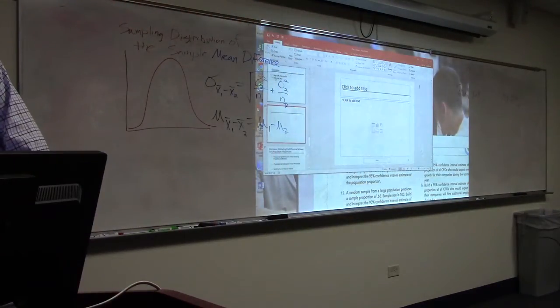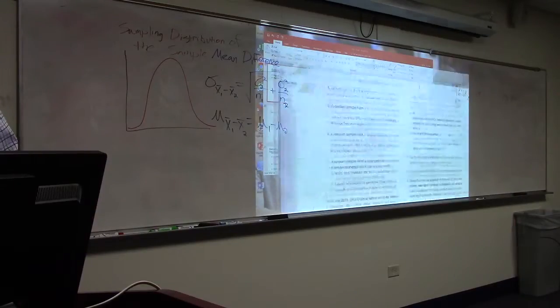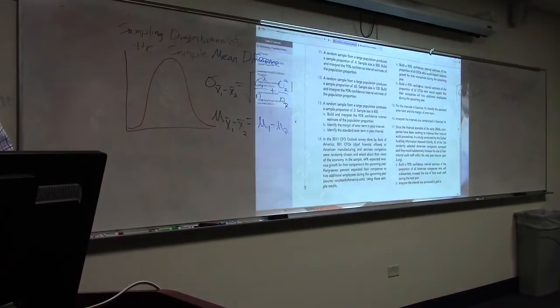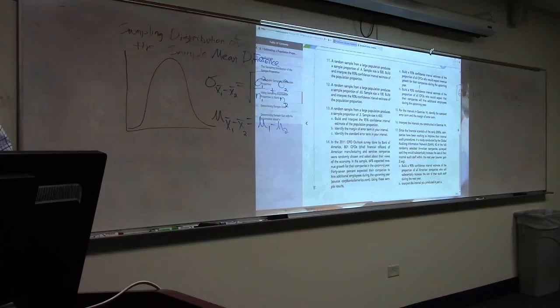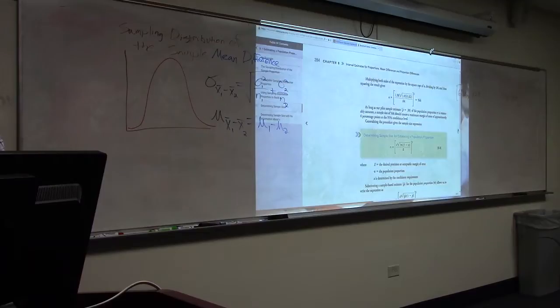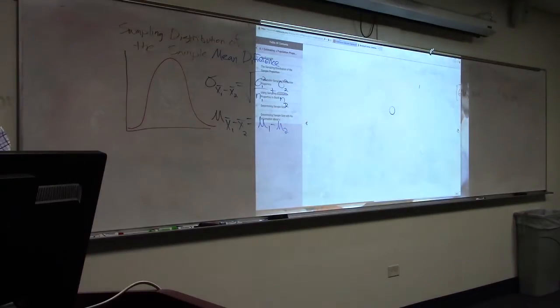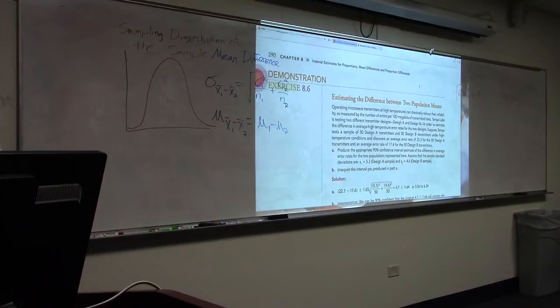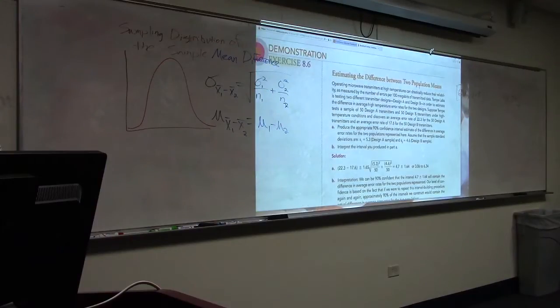So we're looking at page 290, exercise 8.6. All right, here we go. Oh God, I hate this one, just because the wording is so complicated.